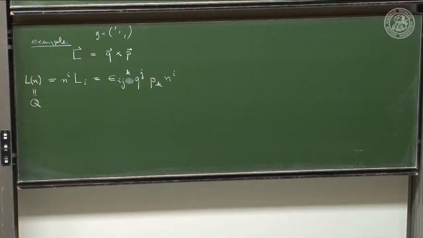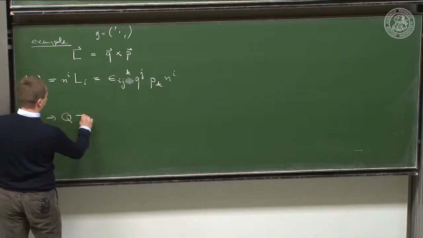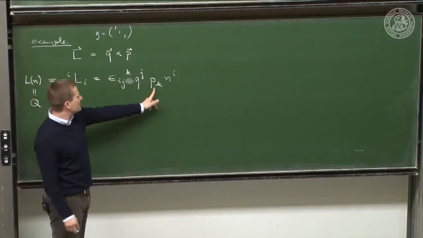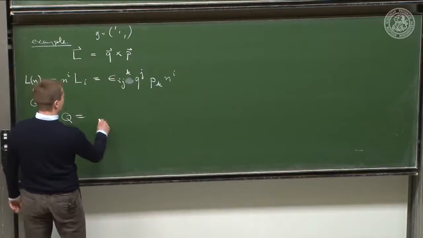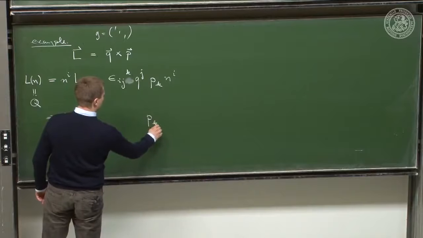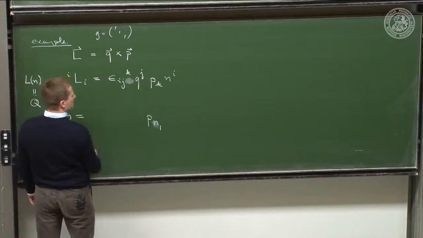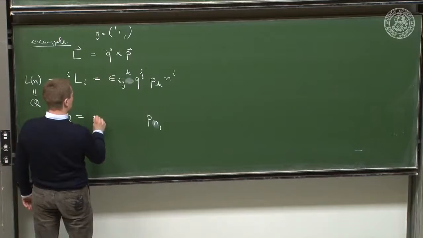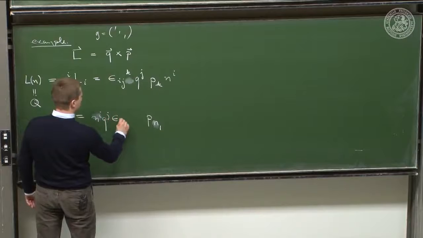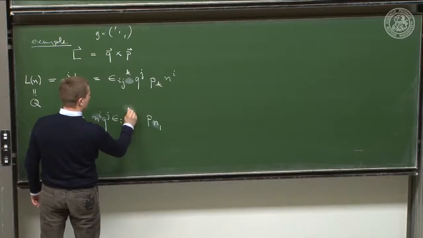Okay, so we call it our Q, and then we see that our Q has no zeroth order term in p, but it has a first order term in p, and the first order term is p sub k, well, we always called it n1 in that case, and the coefficient in front is ni qj epsilon ij up k, but the k is the n1.